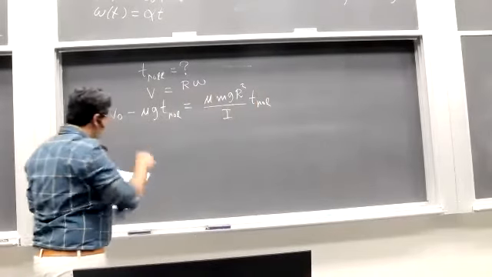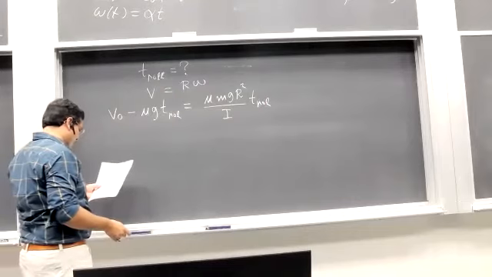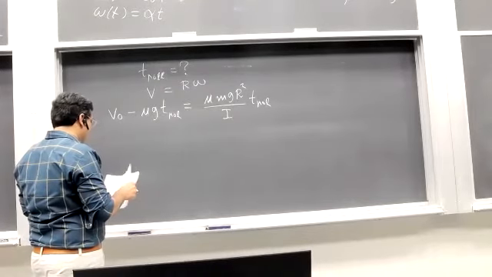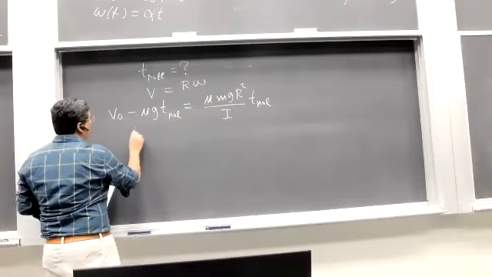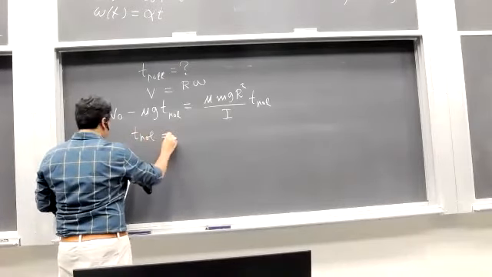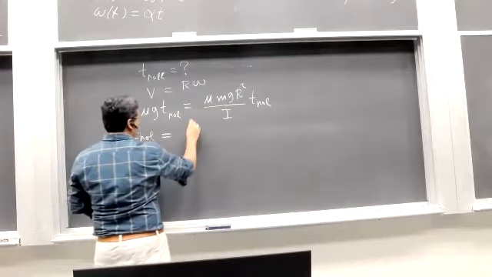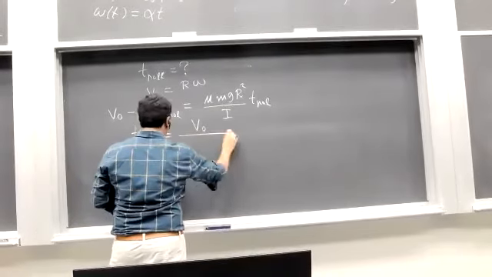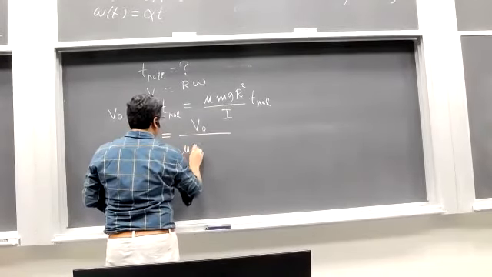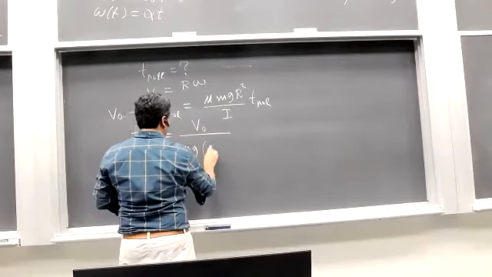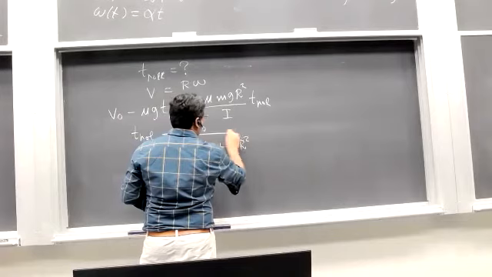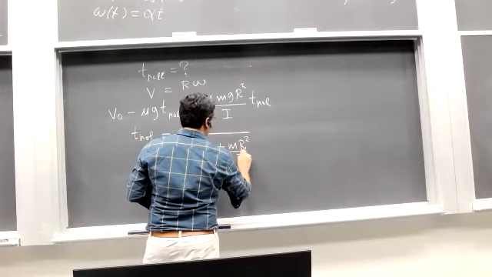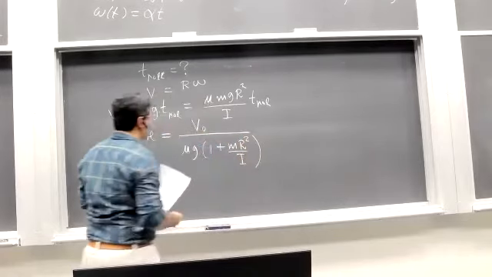And from here, you can calculate t rolling as v naught over mu g times 1 plus m r squared over I. This is a pretty general result.